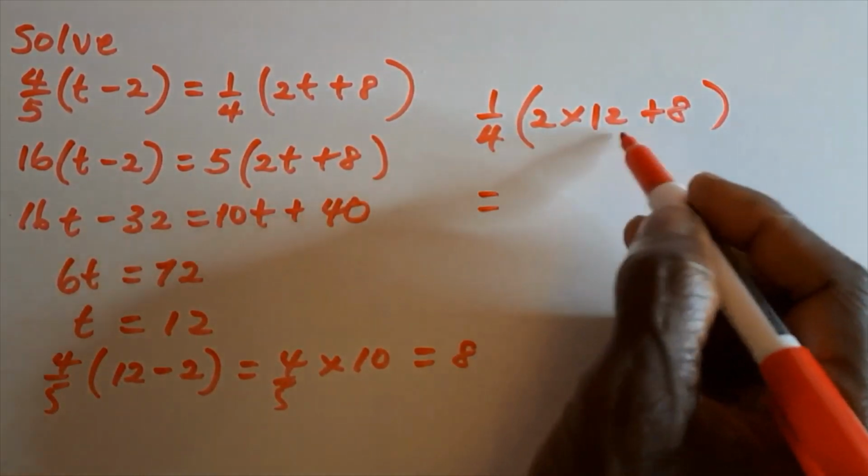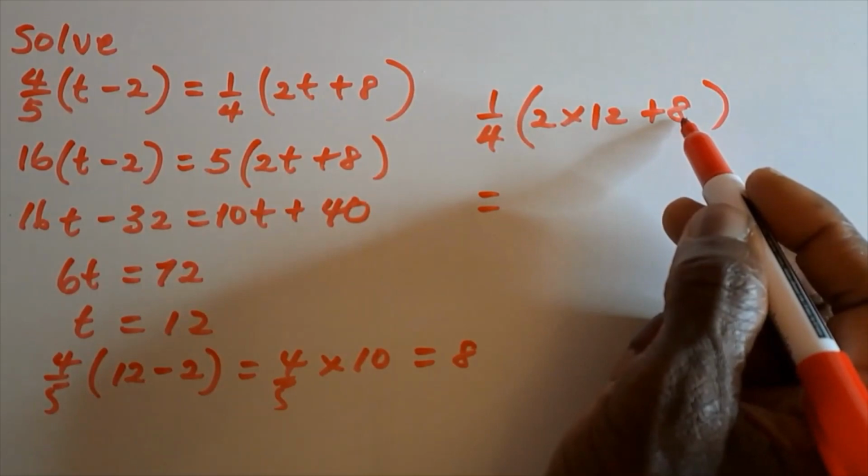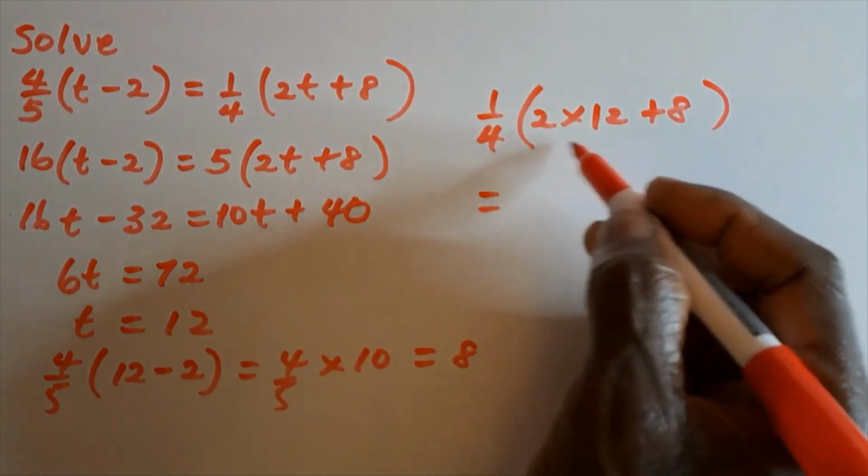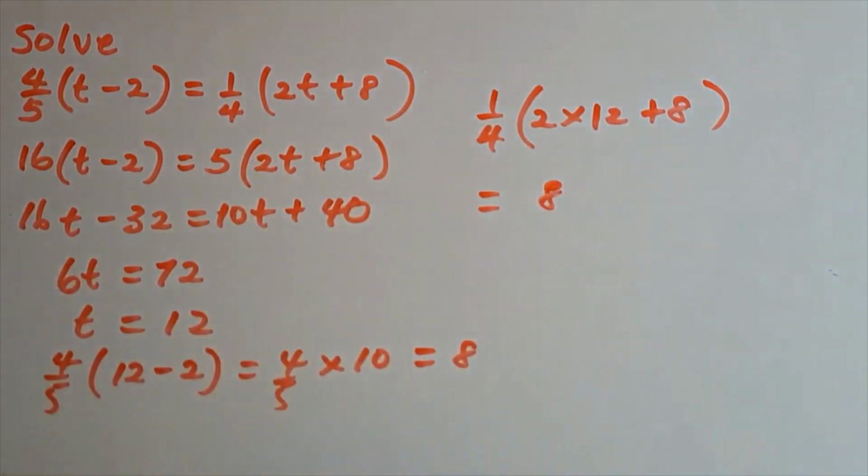And this is equal to, this is 24, add 8 is 32, and a quarter of 32 is 8. So this check shows that our result, t equal to 12, is correct. It is a solution to this equation.